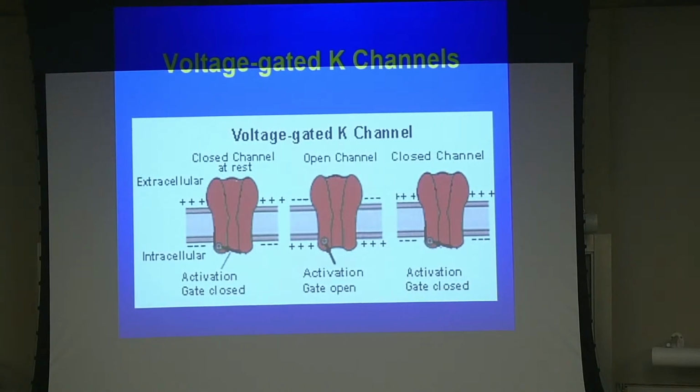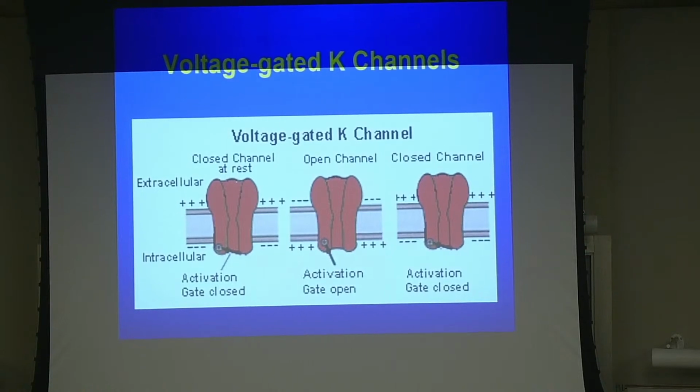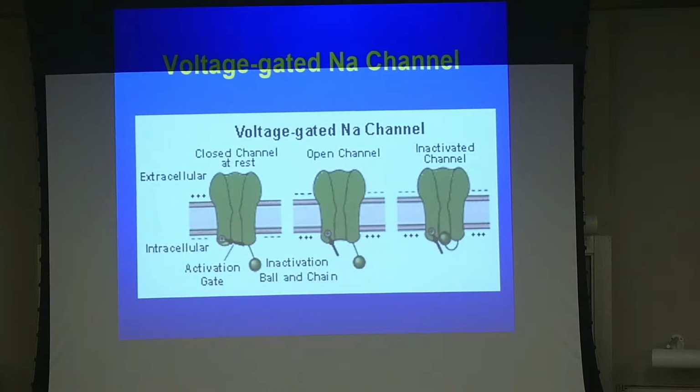So not for this one, but for the potassium-gated one, how do you switch between the ball and chain inactivating it and when it's closed? So, okay, great question. Let's go back. The question here is, how do you manage to get the ball and chain out of the channel and then reopen and re-engage the gate?